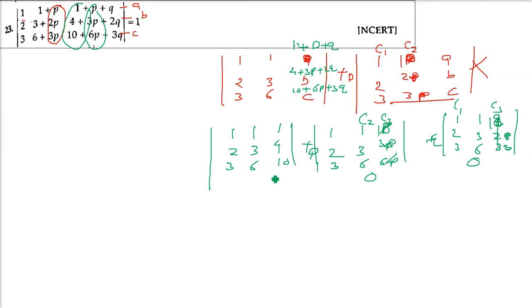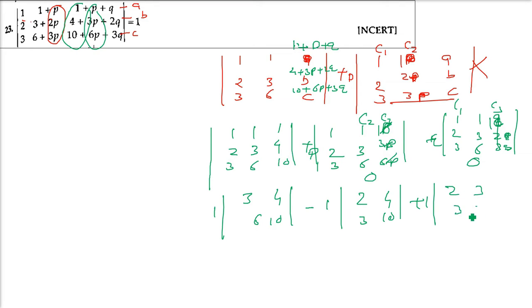Just open it directly. There is no point in doing otherwise, because the numbers are very small. So you can just do 1 minus, I'm opening it using the first row, 1, 2, 3, 3, 4, 10. Then plus 1, 2, 3, 3, 6. So 3 into 10 is 30, minus 6 was 24, minus 2 and 20 minus 12, plus 12 minus 9.